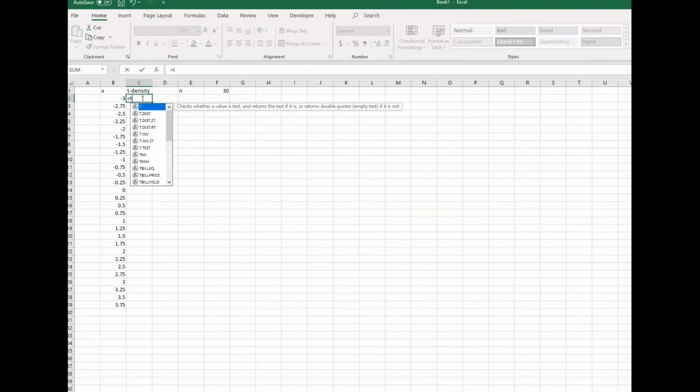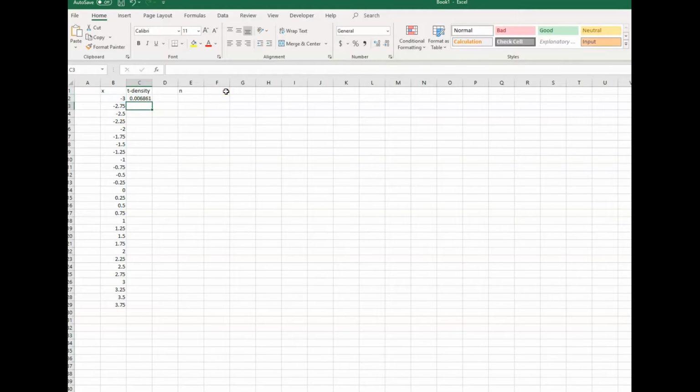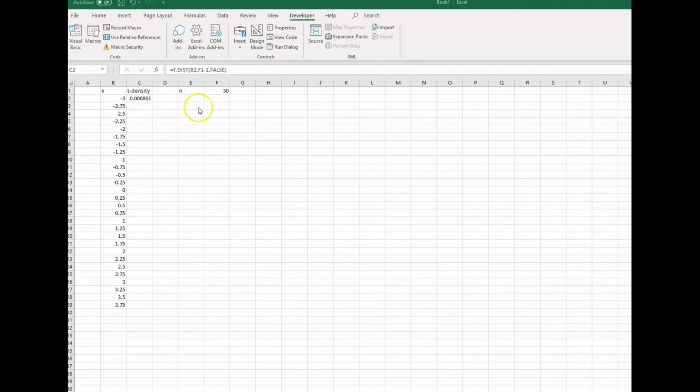So this is equal T.DIST, x value -3, and degree of freedom is n-1, because we calculate density, so it's FALSE at the end. And enter.